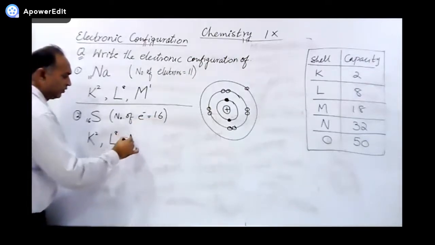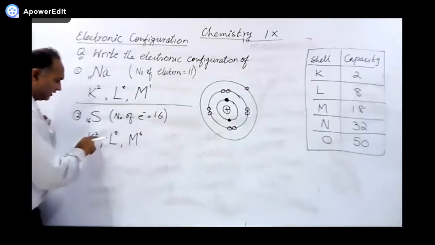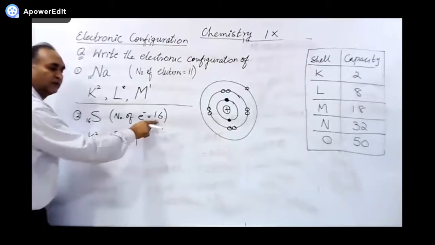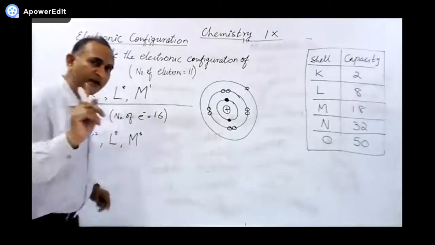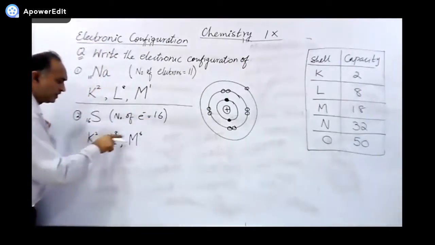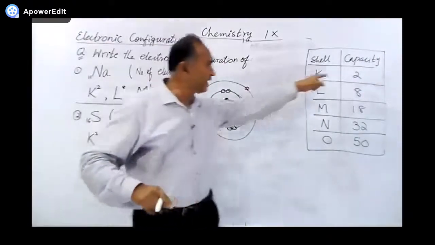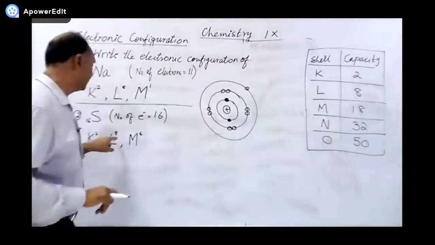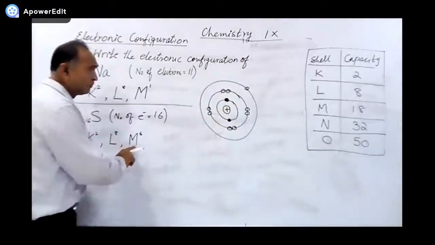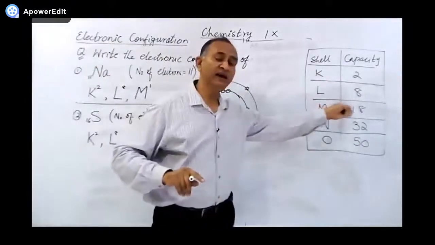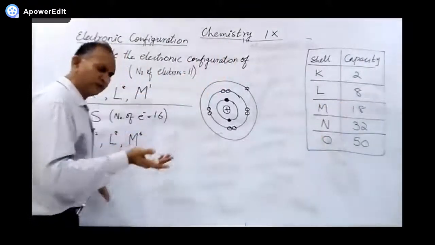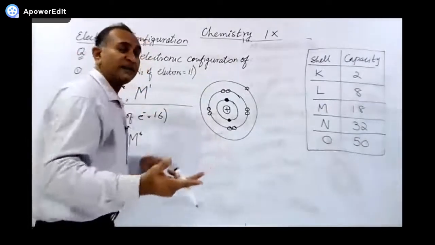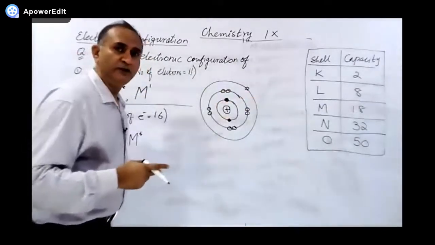So 6 will go in the last one. When you add these superscripts, the total should be equal to this number. What should you remember? Whatever you write here should not exceed these values. I wrote here 2, I wrote here 8. M can hold a maximum of how many electrons? 18. Here it's 6. It should not be greater than that particular value.